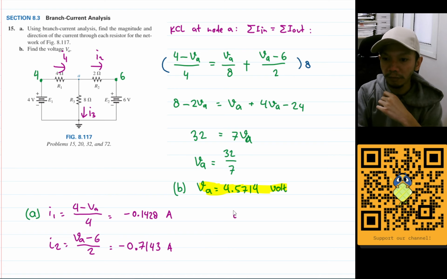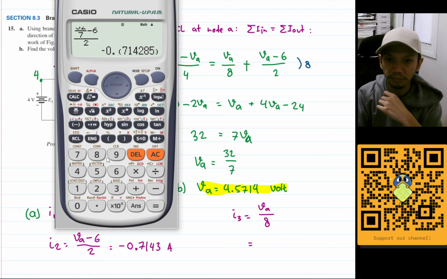And then I3 is VA divided by 8. VA is 32 divided by 7, and then divided by 8.